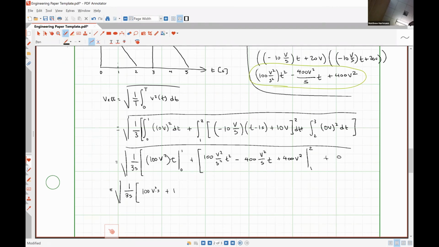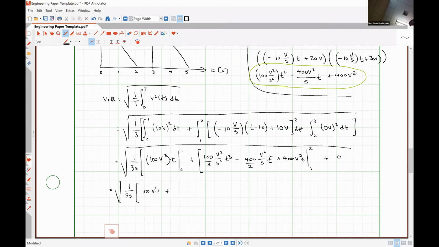So this should be t cubed over 3. This should be t squared, so that's over 2, and this should be t. Okay, now things are a little less awkward, because I was going to have units of volts squared times seconds on the first bit and volts squared on everything else. Okay, sorry about the math error.